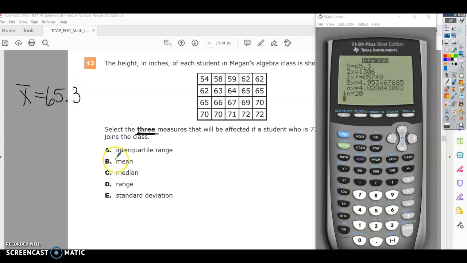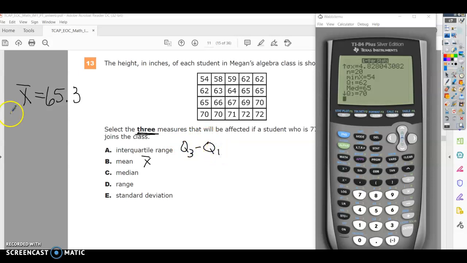And then interquartile range, that's Q3. Interquartile range is Q3 minus Q1. So let's go to our calculator again and do Q3 minus Q1.